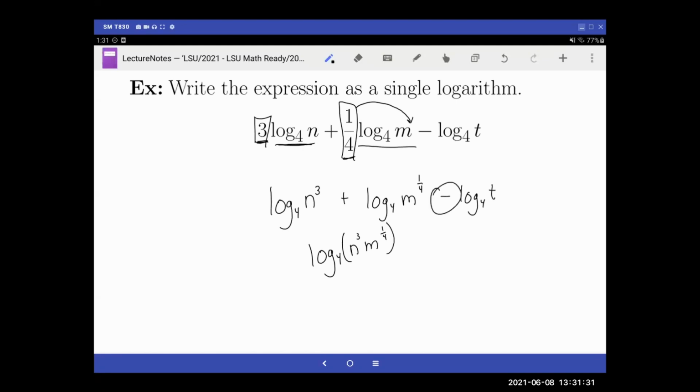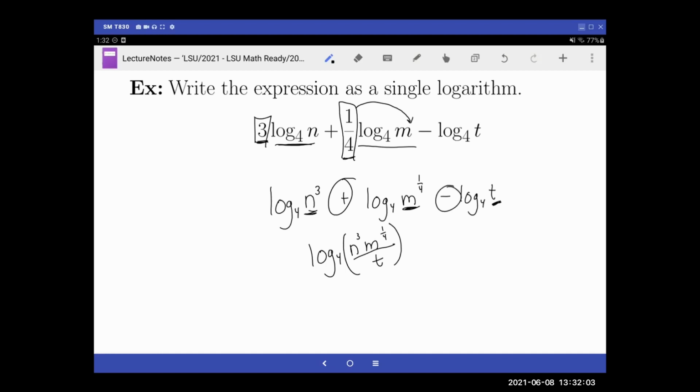And when you subtract, it becomes division, just like with exponents. Okay, so again, things that are added become multiplication inside of the logarithm. Things that are subtracted become the denominator, right? It's divided inside the logarithm.